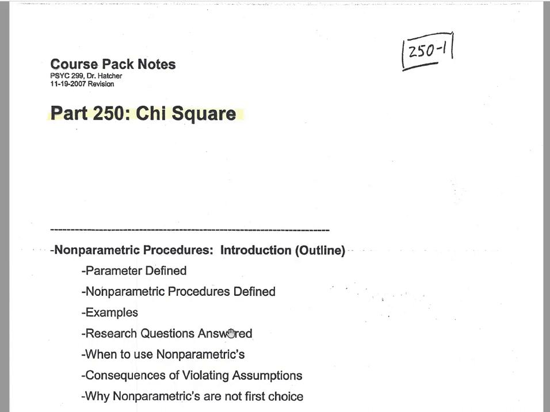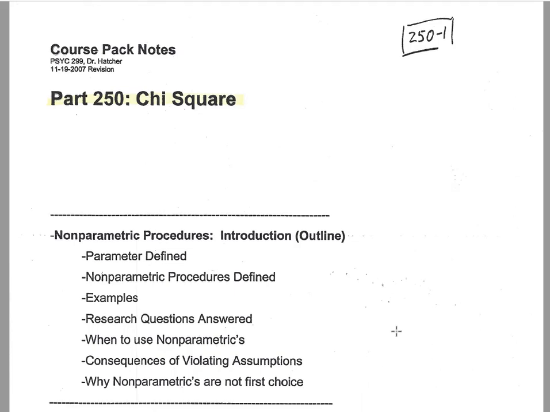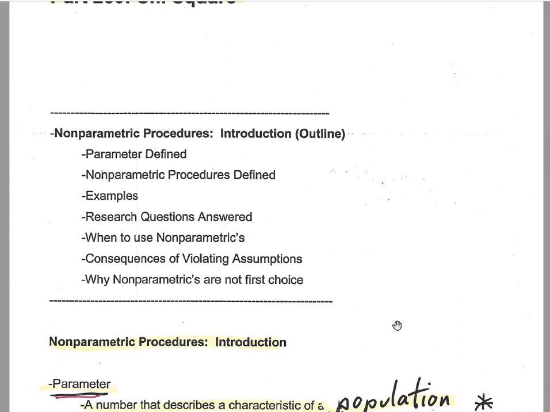Give you some examples. What kind of research questions are answered by non-parametric statistical procedures? When do you use non-parametrics? What are the consequences of violating the assumptions of parametric statistics and using them anyhow? And what's the weakness where non-parametrics are concerned? How come they're not our first choice typically when it comes to analyzing data from empirical investigations?